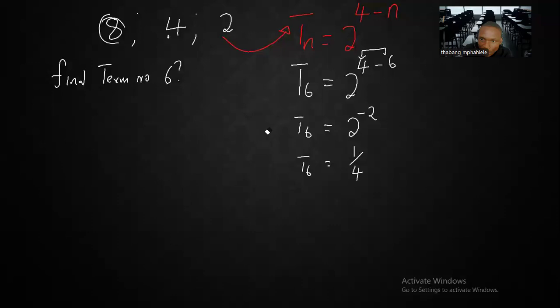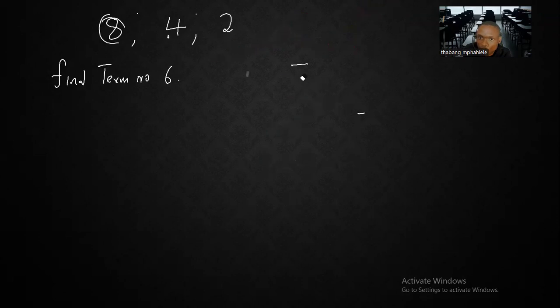Okay. Another question that I can bring now. Let me say to you guys, this sequence is continuing. So I will have 1 over 2, 1 over 4, 1 over 8, 1 over 16, 1 over 32. Let me write 1 over 32 here.